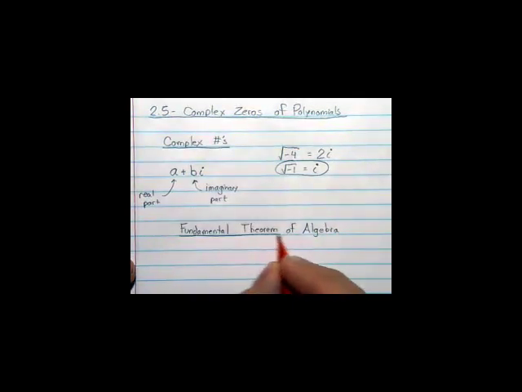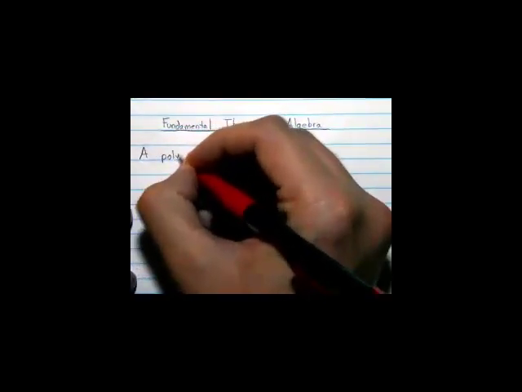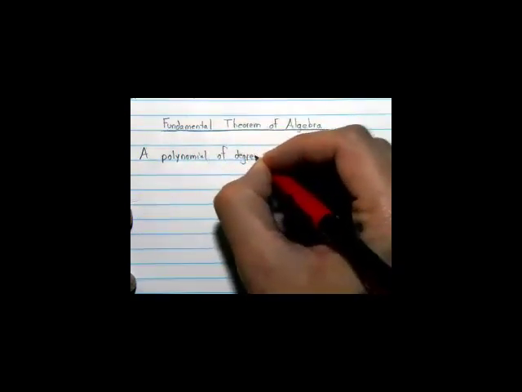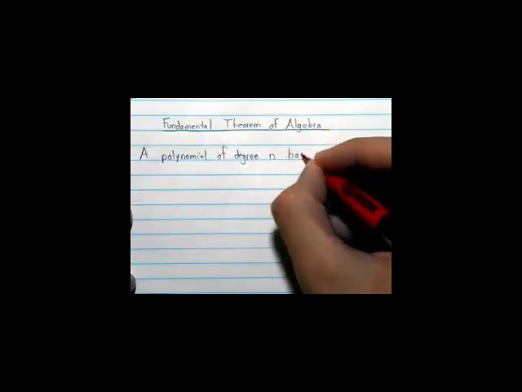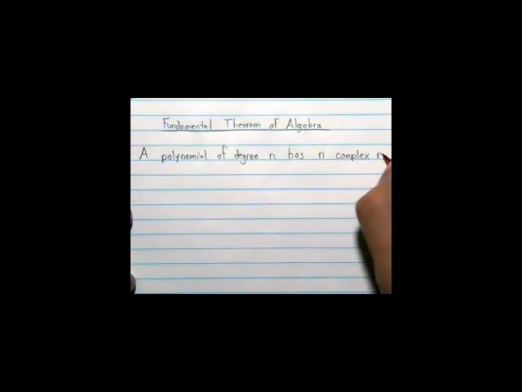If we allow ourselves to use complex numbers, not just real numbers, but complex numbers too, then the degree of a polynomial is equal to the number of the roots that you'll have. Basically just that statement: a polynomial of degree n has n complex roots.